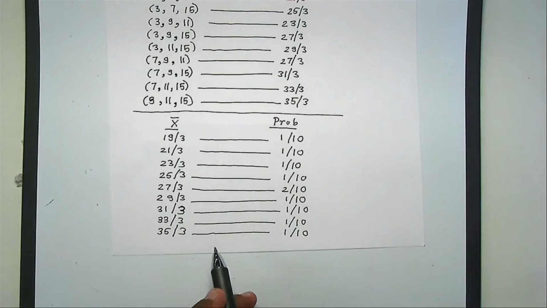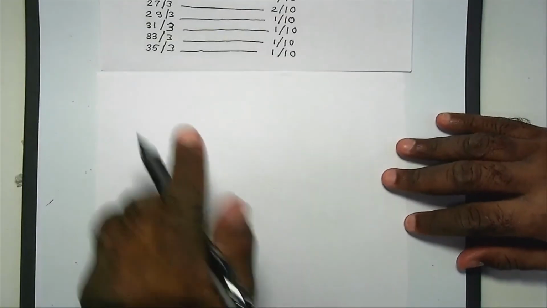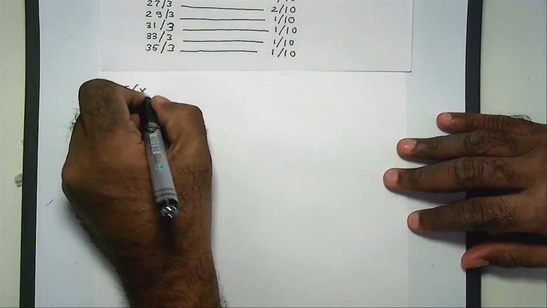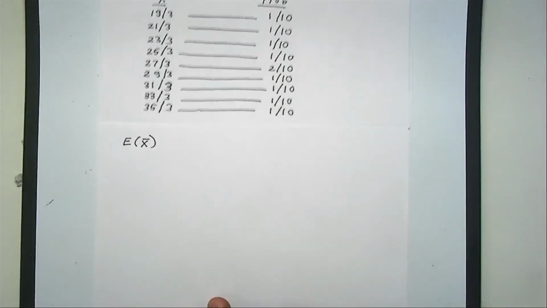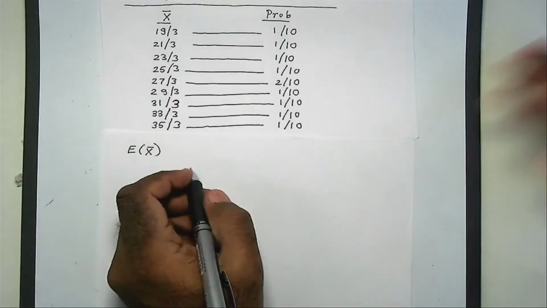All right. Now we need to compute the mean and the variance. I'm sure you know how to do it, right? So let's see how we can do that. So to find the mean of x bar, you just simply multiply these two columns, that is this column with this column, and then sum them up, right?